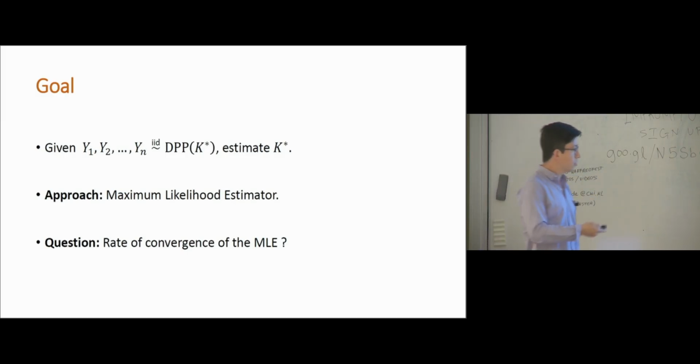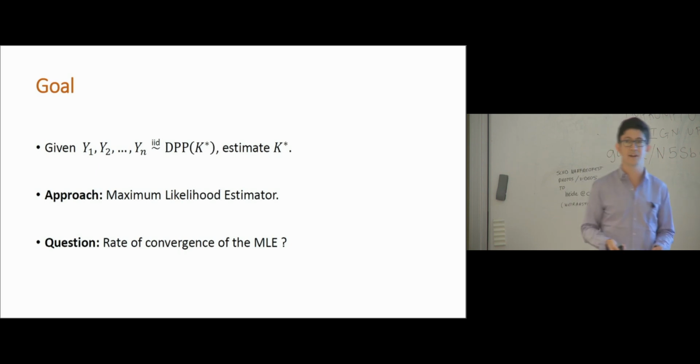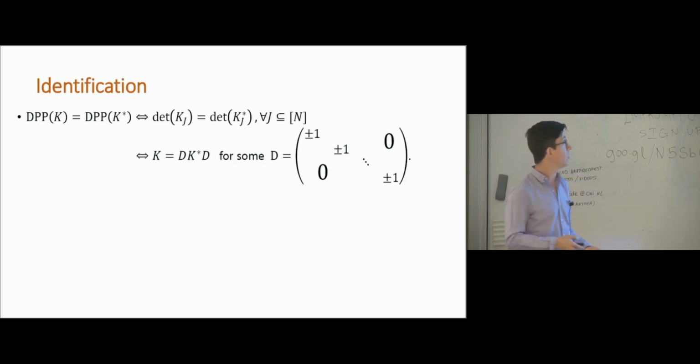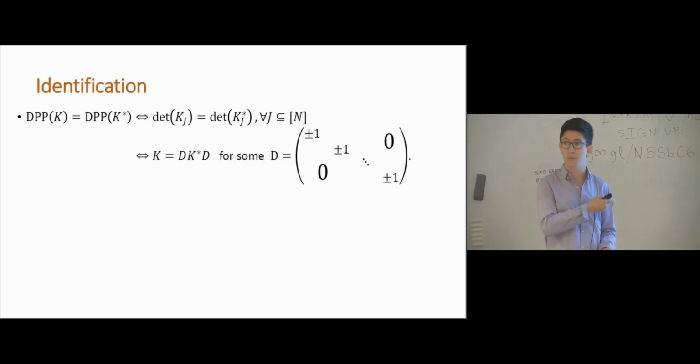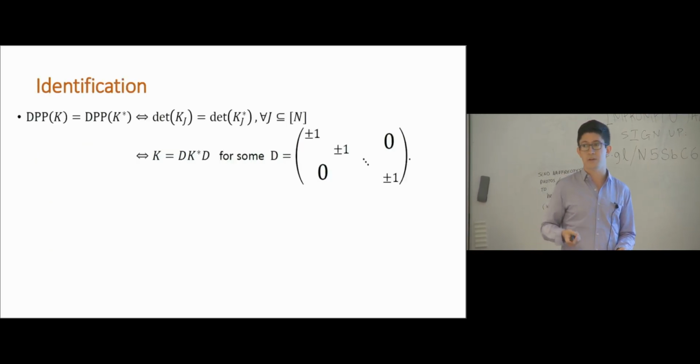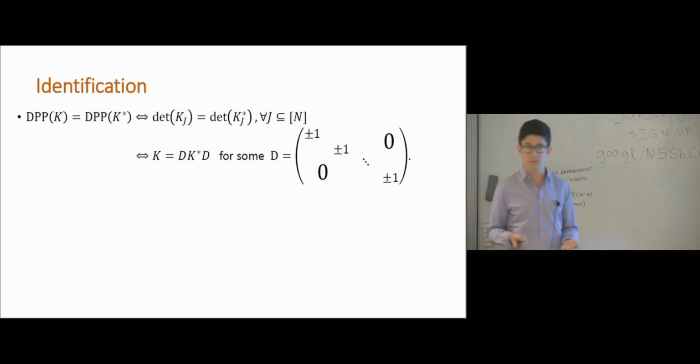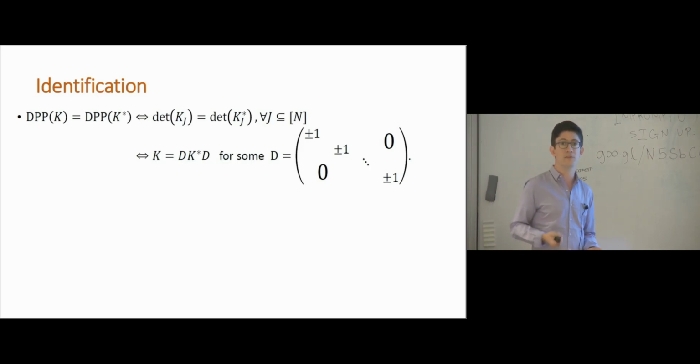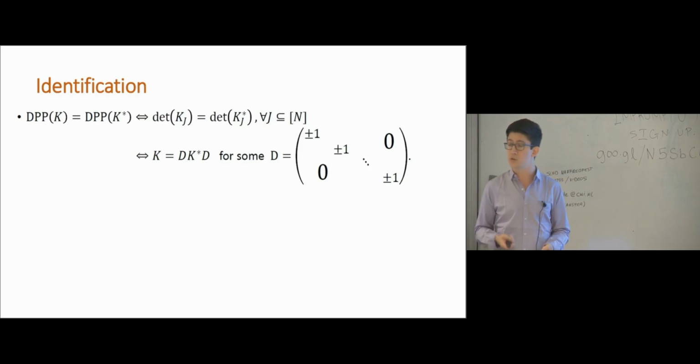Before going to the statistics, let me point out that in the model, the matrix K star is not identified. If you remember the definition, the DPP is only defined through the subdeterminants, the principal minors of the matrix K star.